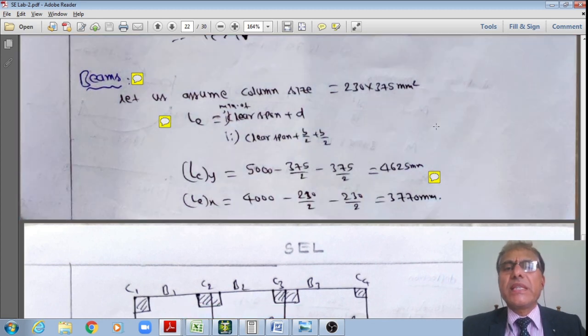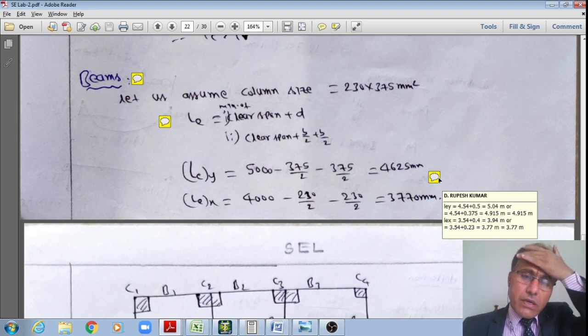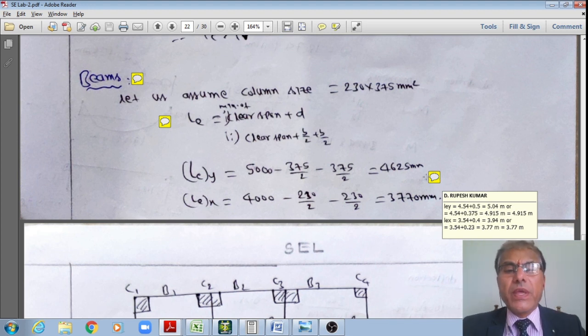Therefore, now I'll calculate the span of these beams, B1, B2, B3. That is equal to 4.54 plus 0.5, which works out to 5.04.